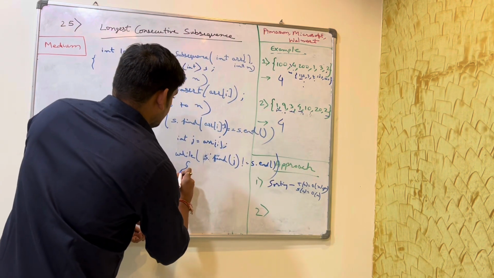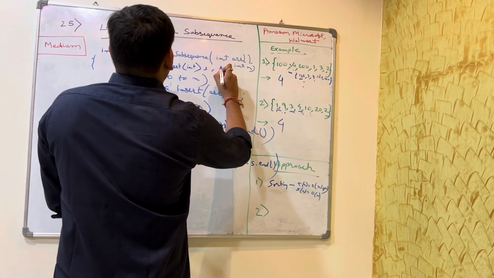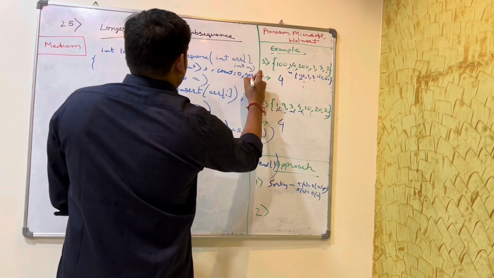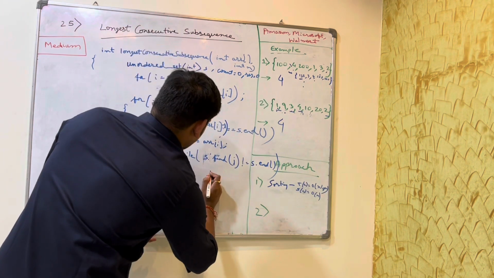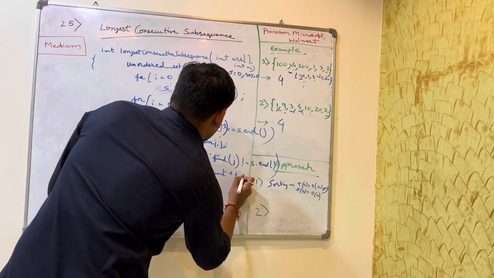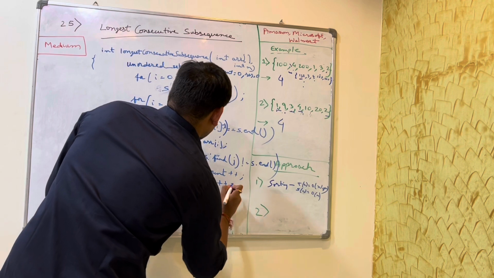So what would we do? We'll have a count value, count equal to 0 and result equal to 0. We will increase count, and then we will also increase j plus plus.